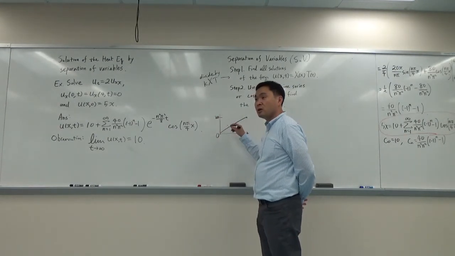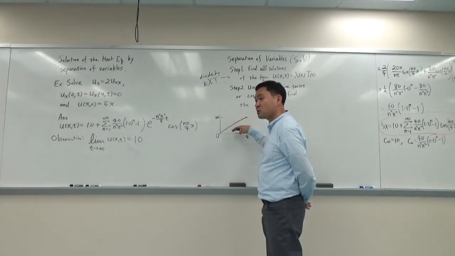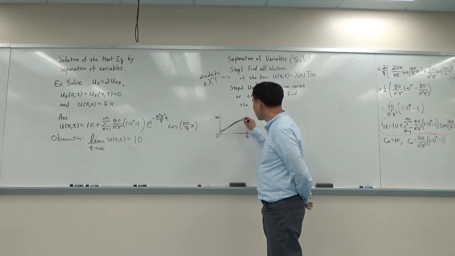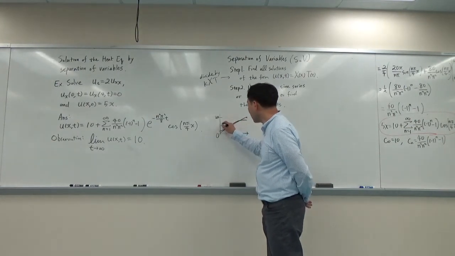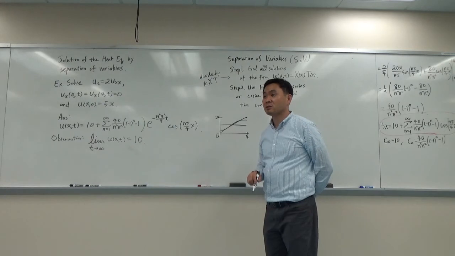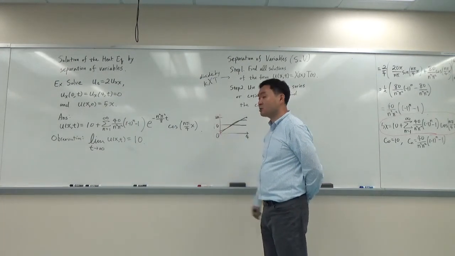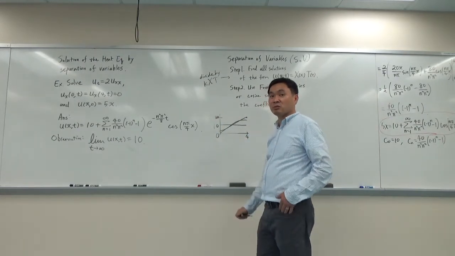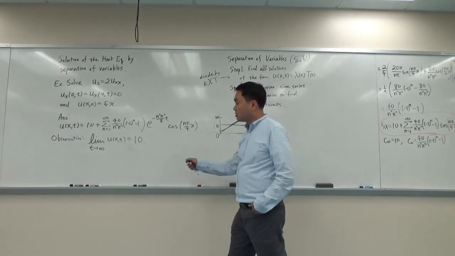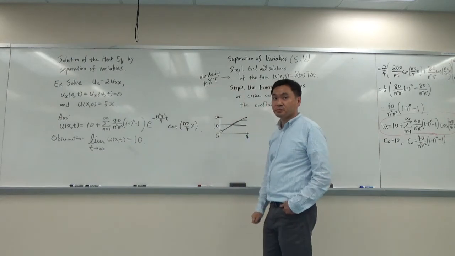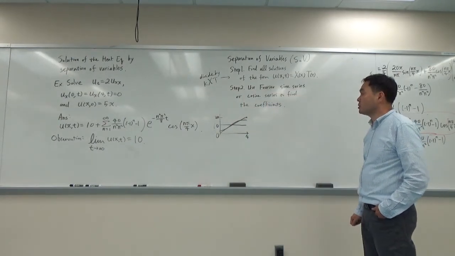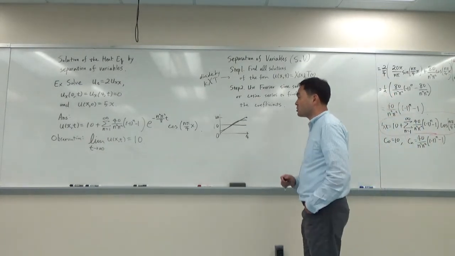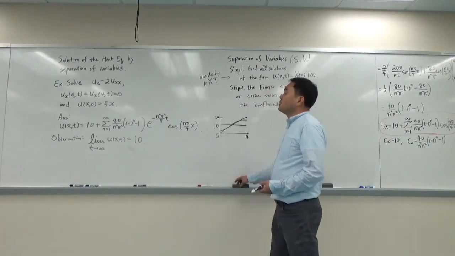And then when you let it evolve with respect to time, you're going to get something like this, and eventually everything will be averaged out at 10, and when it's 10, there won't be any more changes. So that's what you need to see. Because 10 is the average of 0 to 20, that's kind of obvious, right? Okay.